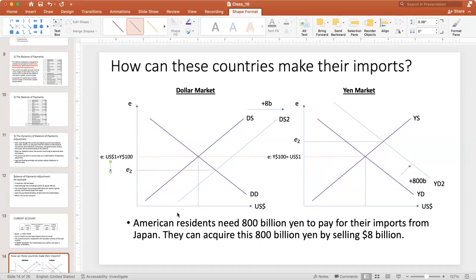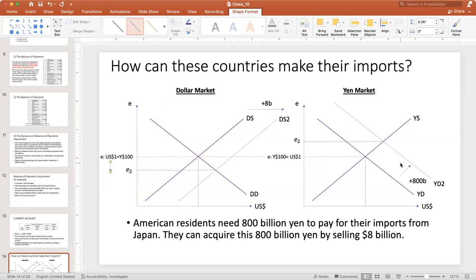In the other part of the market, which is the yen market, the demand increases. By how much? Well, by 800 billion yen, which is basically the same transaction. The increment of the supply of dollars in the dollar market is basically an increment of the demand for yen in the same amount.